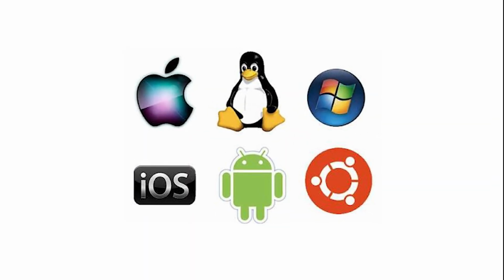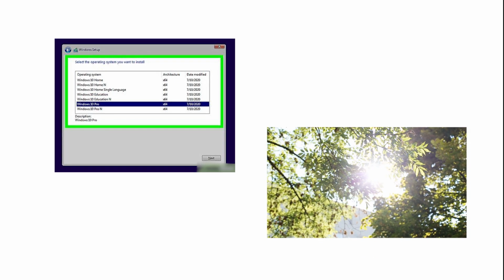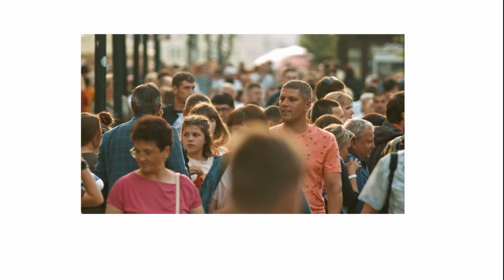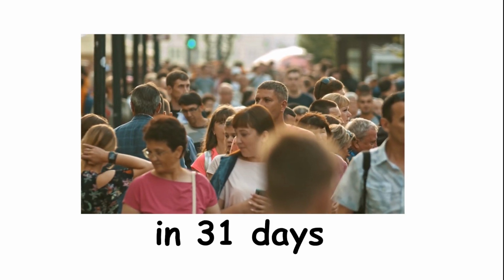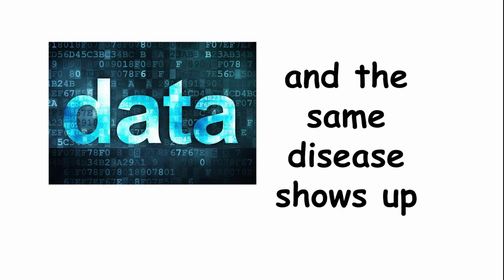Installed operating systems do not swing that hard in either direction. Reinstalling an operating system takes an afternoon and a backup. Tens of millions of people do not do that in 31 days, and they don't undo it in 90. Look closer at the Valve data, and the same disease shows up.